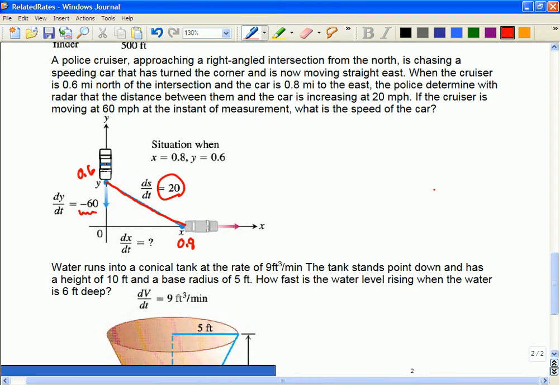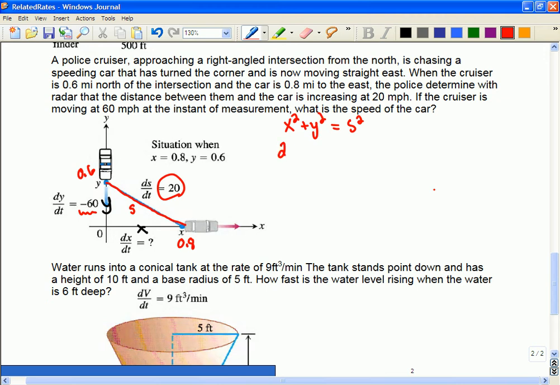Pythagoras, yeah. So if we consider this x, y, and then the diagonal, x squared plus y squared equals s squared, and I'm going to use s for this because they have the derivative of s. So that's the equation that relates all three pieces together. Here's x, y, and then the slant.